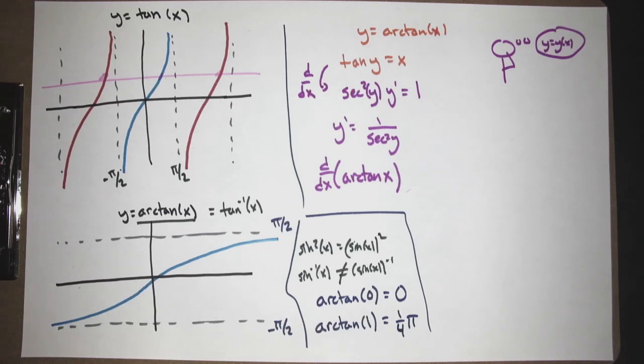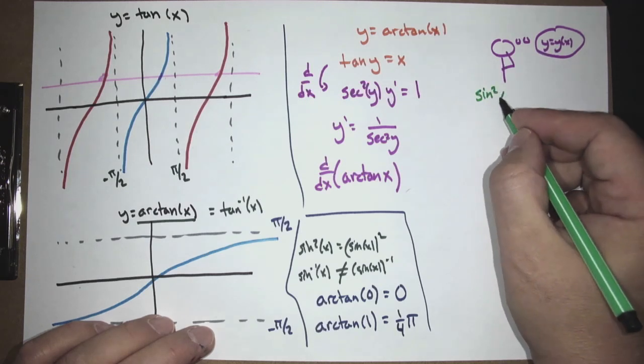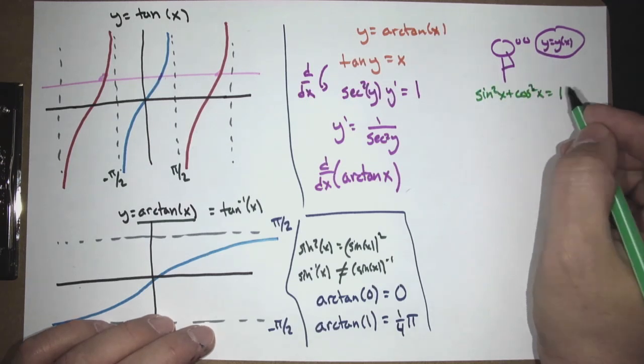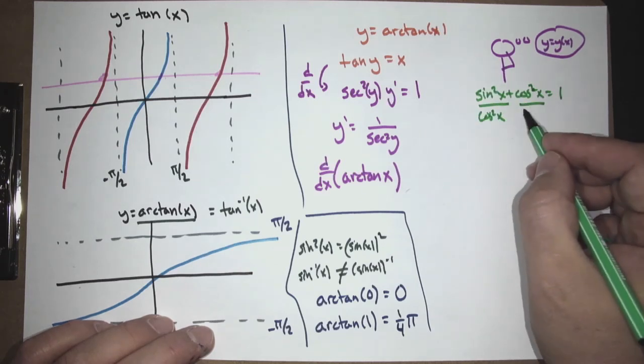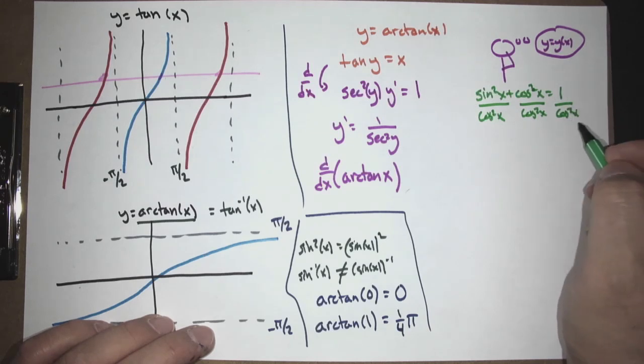All right, let's start with an oldie but a goodie. What's sine squared plus cosine squared? All right, you guys know that one quick. Let's divide everything by cosine squared. 1 over cosine squared. What's another name for that?